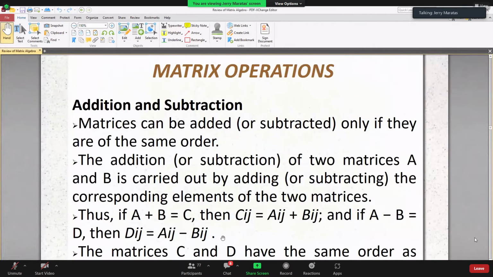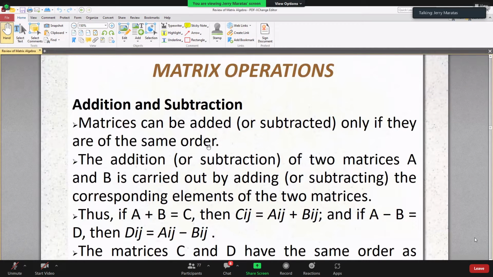Now let's proceed to addition and subtraction. Matrices can be added or subtracted only if they are of the same order. So please take note. Meaning you cannot add or subtract a 3 by 2 matrix to a 2 by 2 matrix simply because they are of different sizes.